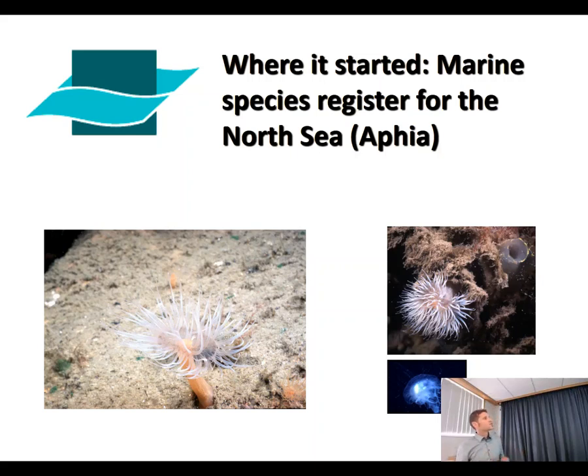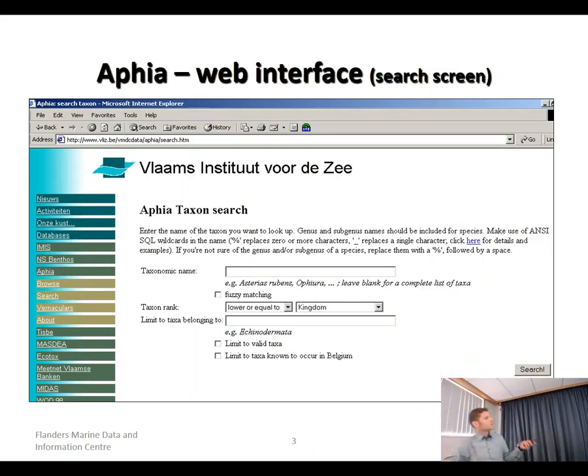The idea was to create a relational database to give all information on marine species of the North Sea. It was called Aphia, and it was the web interface of the website at that time. Some of you might still recognize this website. It was the first website of VLIZ, and this pointer is not working.